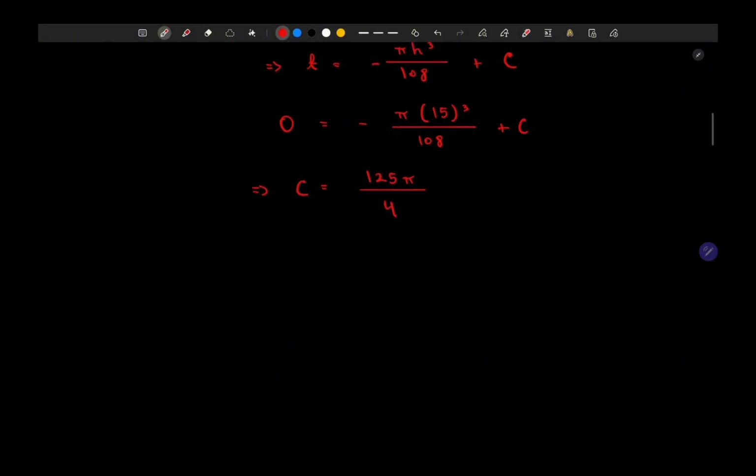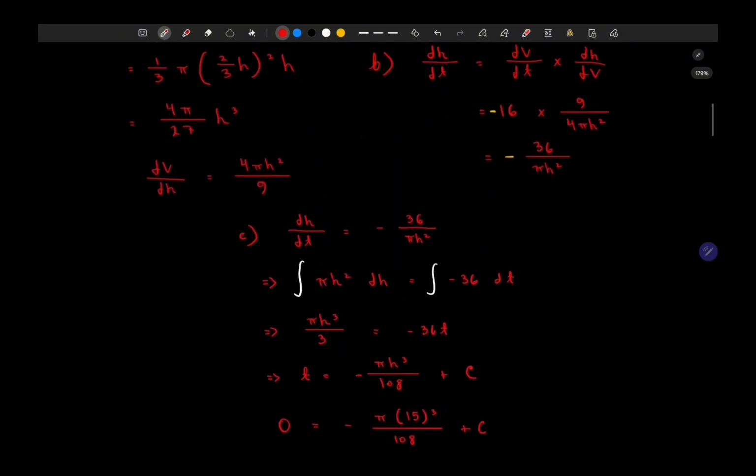So finally we have an equation, which is t equals 125 pi over 4 minus pi h cubed divided by 108. So this is our particular solution to the differential equation.